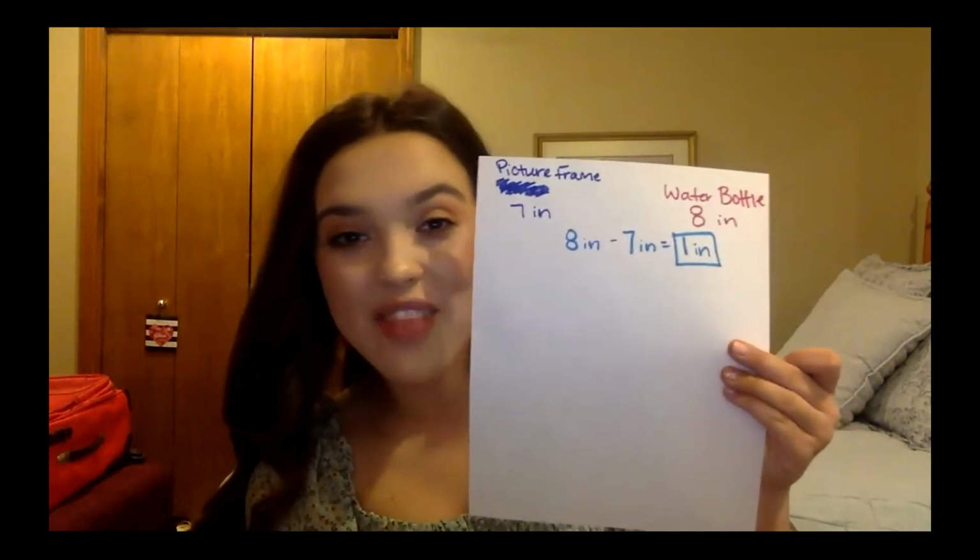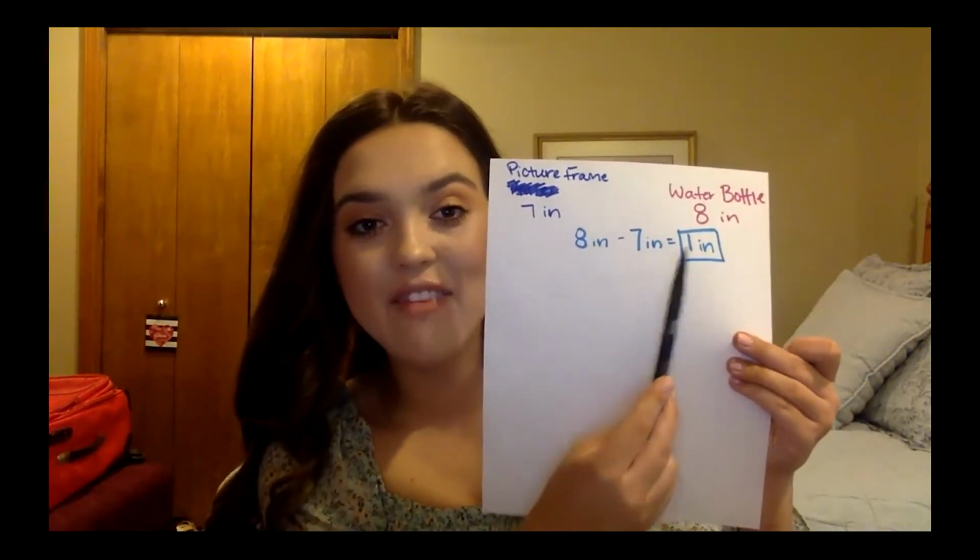And how we got that is just 8 minus 7 equals 1 inch. So we know that that is 1 inch larger. Okay, awesome. So if we wanted the water bottle and the picture frame to be the same size, we would have to add 1 inch to the picture frame.